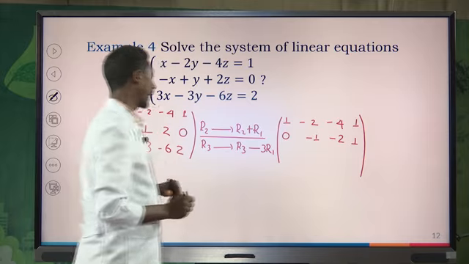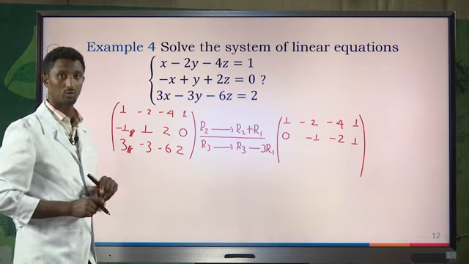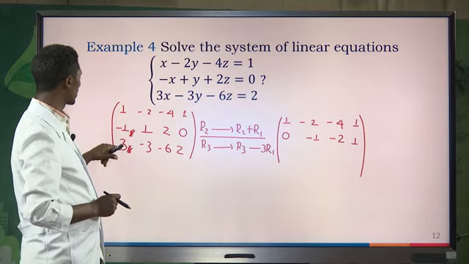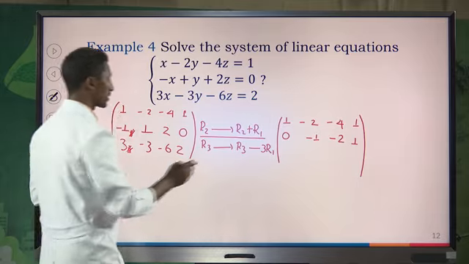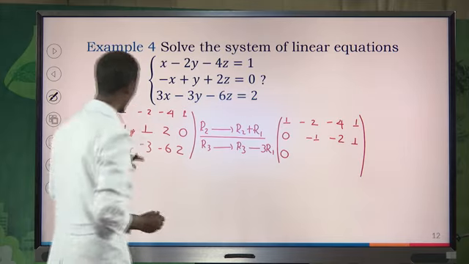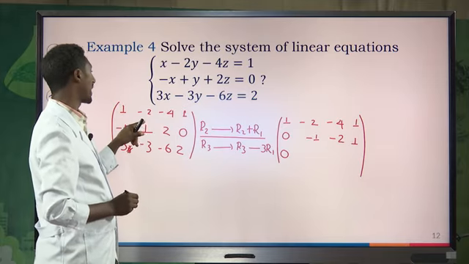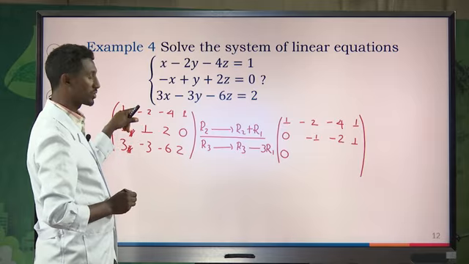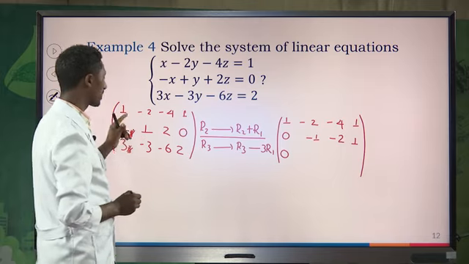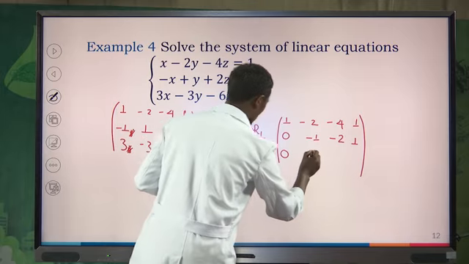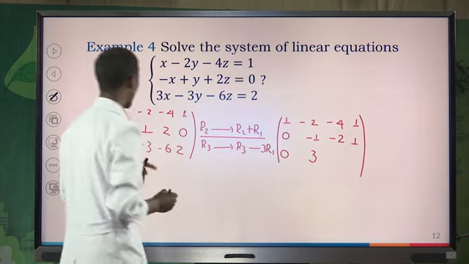And also for the third row, 3 minus 3 times 1, that is 0. Then minus 3 times minus 2, that is minus 3 plus 6, that is positive 3.